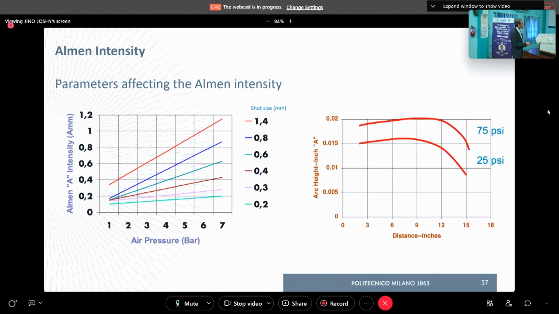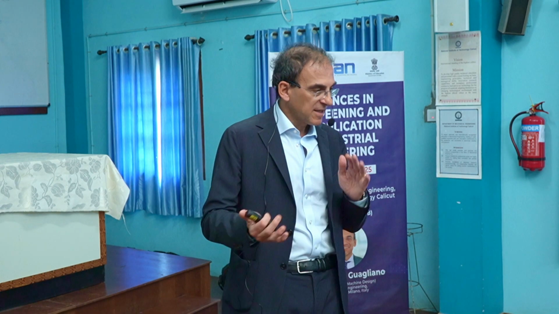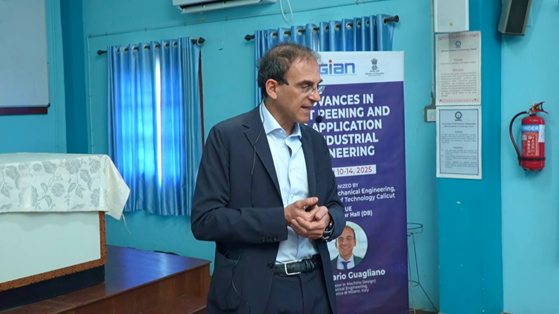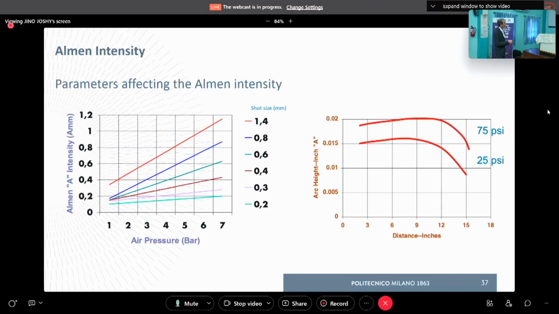And we see that the relation between the air pressure and the Almen A intensity is almost linear. These are approximated, but they are valid, reliable. And in this case, the Almen intensity is expressed in what does A mm mean? We are talking about strip A, and the unit of the residual deformation, the residual arc height, is millimeter.